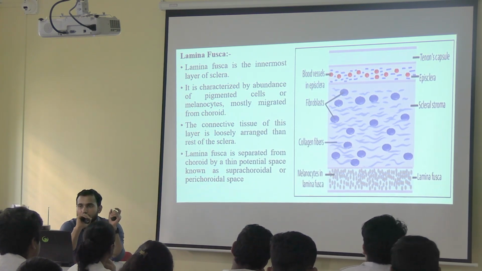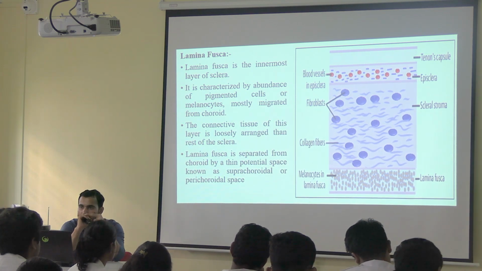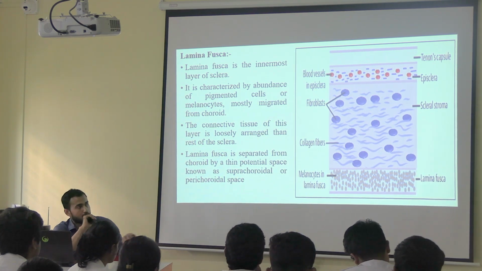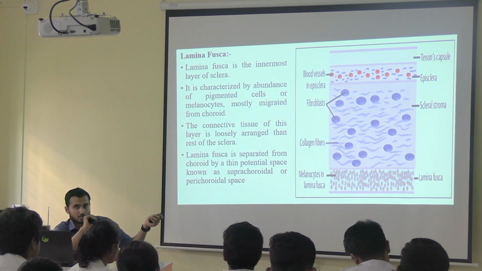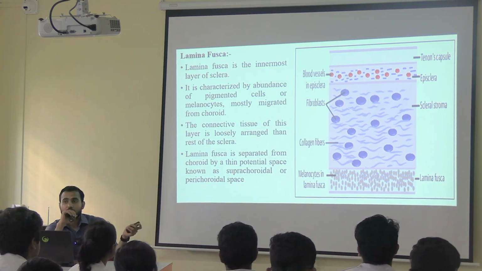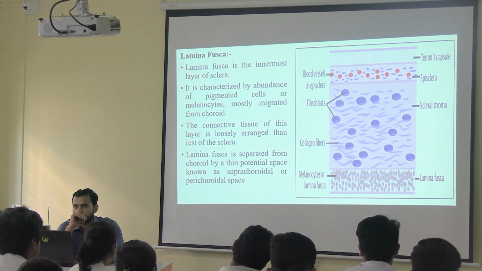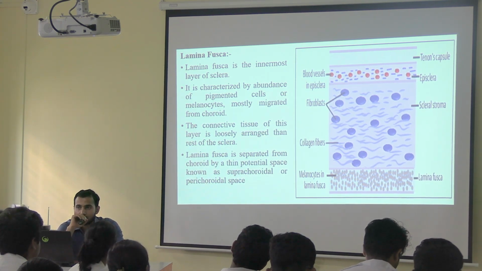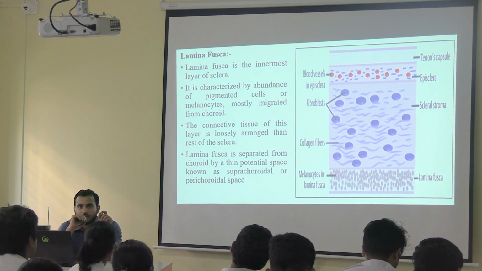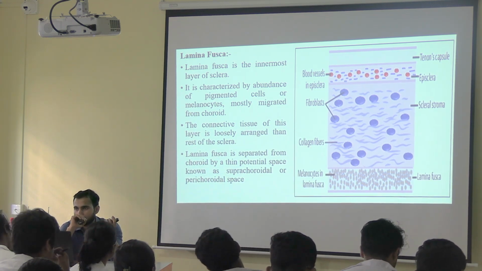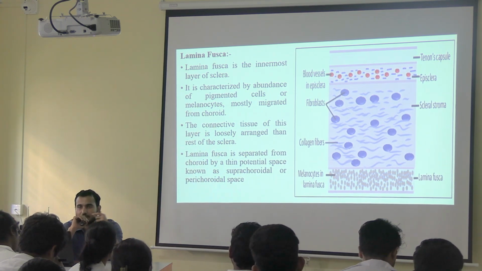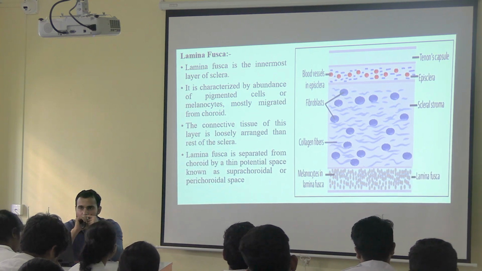What is present in this particular layer? As you can see, bundles of collagen fibers are there, and along with that, fibroblasts are also present. In this layer, proteoglycans and glycoproteins are also present. The collagen fibers are irregularly arranged. Due to that, the sclera is non-transparent in nature.